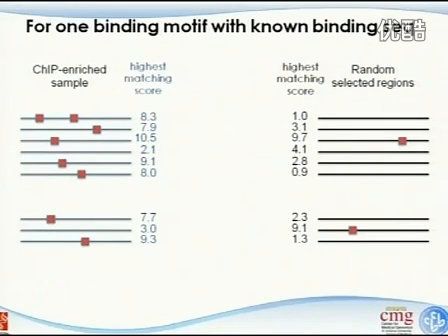Let's say the first one is 8.3 because there is a binding site in there. 7.9, 10.5, this is a strong binding site. This one doesn't have any binding site, and the score is 2.1. I'm just making it up, right? So on and so forth, you will be able to calculate a matching score for each individual fragment you detected based on the ChIP-seq.